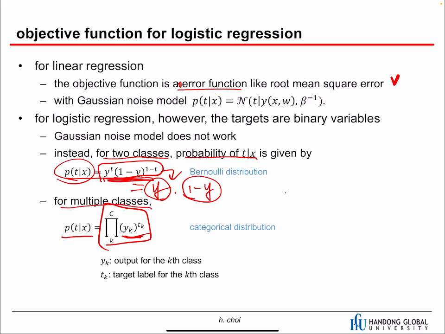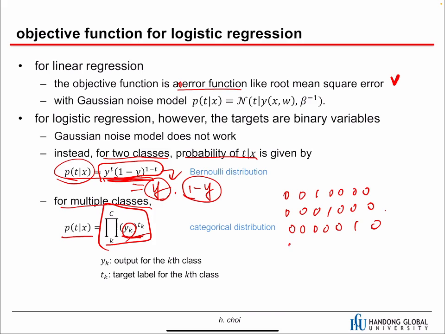It looks like 0, 0, 1, 0, 0, 0, 0 when we have 7 classes. If the target class is the 6th class, it should be 0, 0, 0, 0, 0, 1, 0. And y sub k is the estimate of the model.